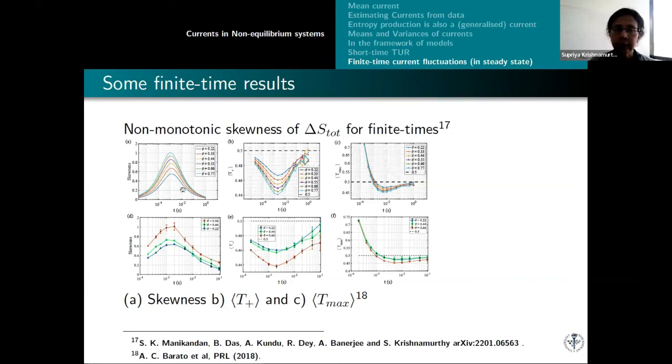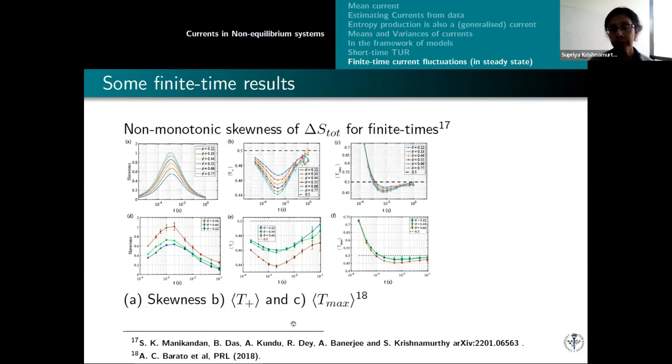We looked at these quantities T plus and T max, which were introduced in a paper by Barato et al. in this PRL, where they say that at large times, if we look at this entropy production and want to understand the behavior of the fluctuations, it could either be sticking close to the average all the time, or there could be large stretches which are above and below the average.